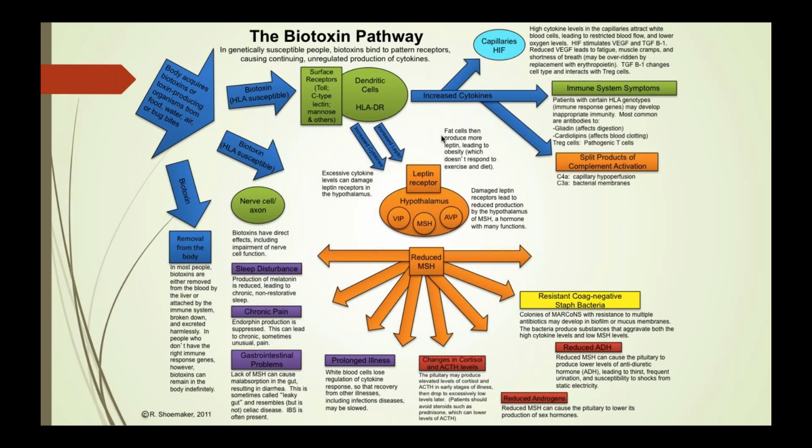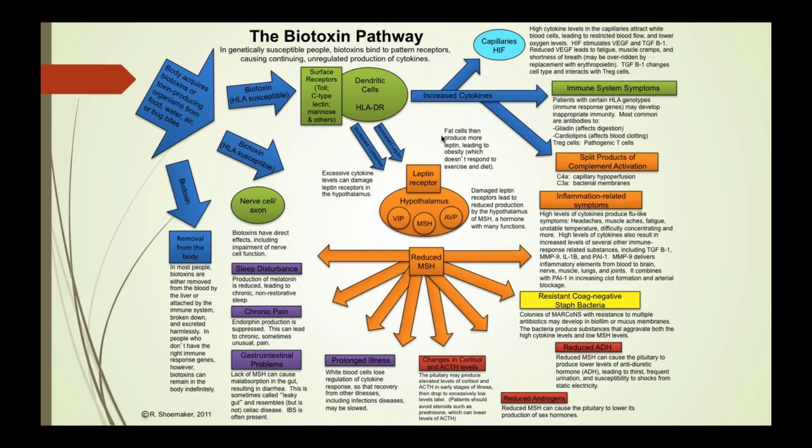And if that weren't enough, we see alterations in immune activity related to autoantibodies, in particular gliadin, cardiolipins, and diminishment of Treg cell pools, as well as production of C4a and C3a, which I've mentioned, and then finally MMP9, PAI-1, so on and so forth.